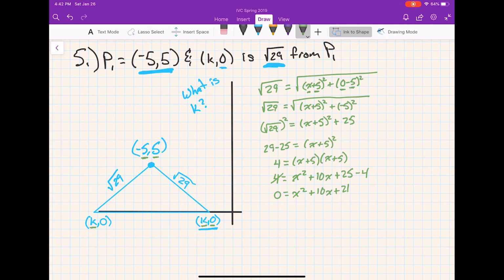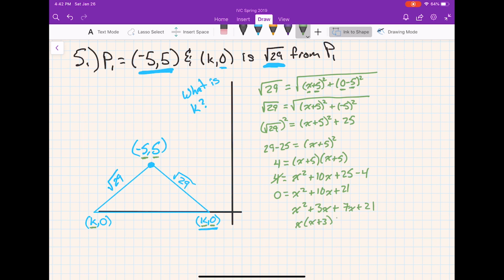All right. Well, now we can factor that. So what makes 21 and 10? That's going to be a 3 and a 7. So x squared plus 3x plus 7x and plus 21. So now we can factor out an x from this first section, x times the quantity x plus 3.